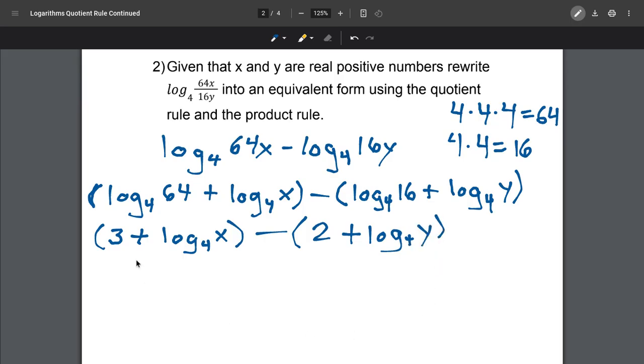So we can rearrange a few things here. We can do 3 minus 2, that's going to be 1. Okay, so we'll cross those off as we go, just to know that we used them. Then plus log base 4 of x, and then we have minus log base 4 of y.